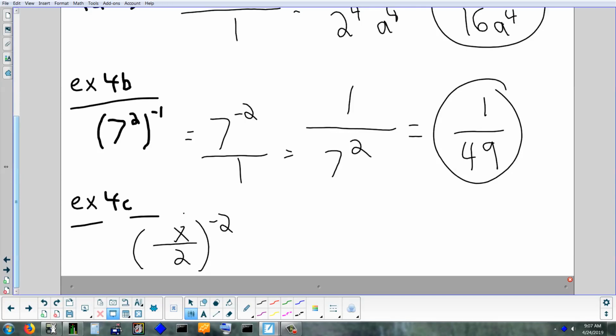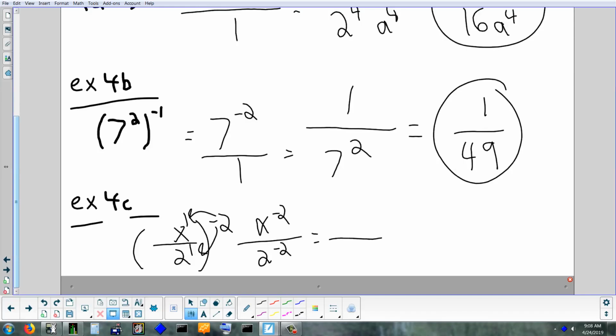I'm going to have a 1 here and a 1 here. So I'm going to multiply the -2 to the exponent on the top and the exponent on the bottom. So then wouldn't it be x to the -2 and 2 to the -2? Perfect. x to the -2, 2 to the -2. Nothing happens with the bases. I'm only multiplying the exponents. All right?